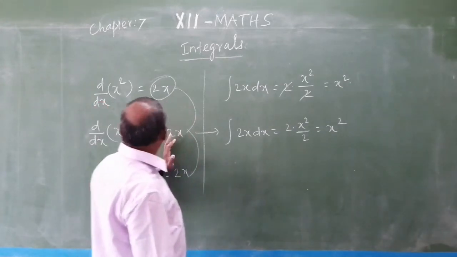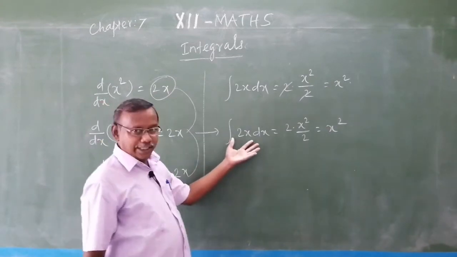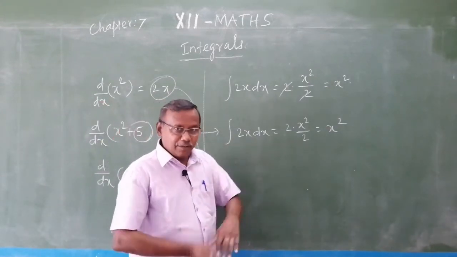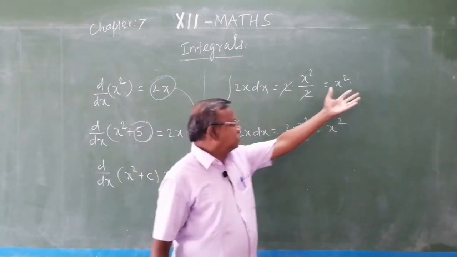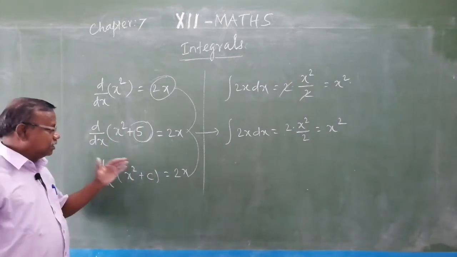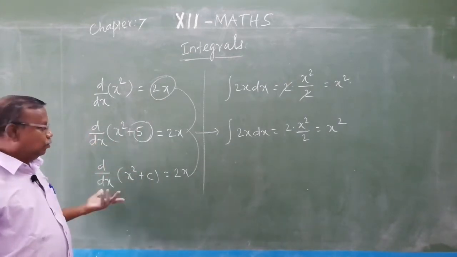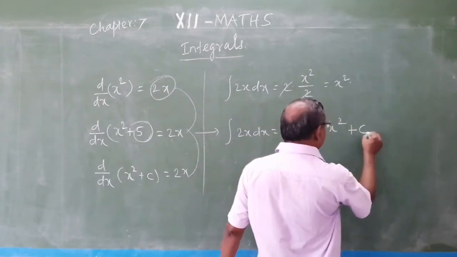We cannot predict what the function actually had when we are given only the derivative. So, in the reverse process, while taking the antiderivative, we are missing the constant, because we do not know what constant the function actually had. So, we put one constant, that is called c.